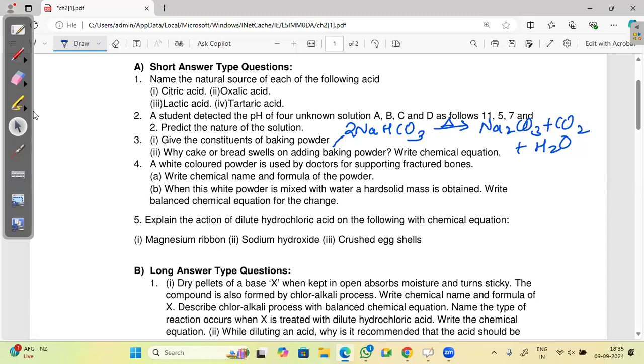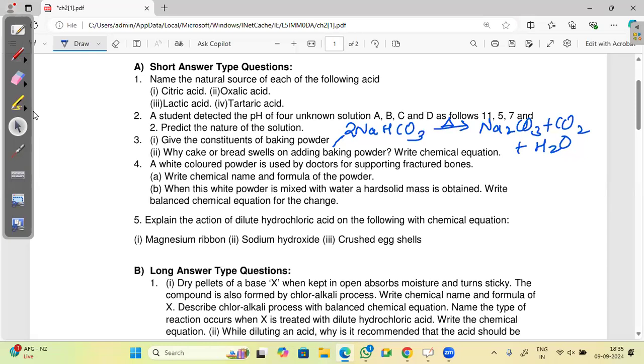Next, a white colored powder is used by doctors for supporting fractured bones. Write the chemical name and formula of the powder. Plaster of Paris. Calcium sulfate hemihydrate.